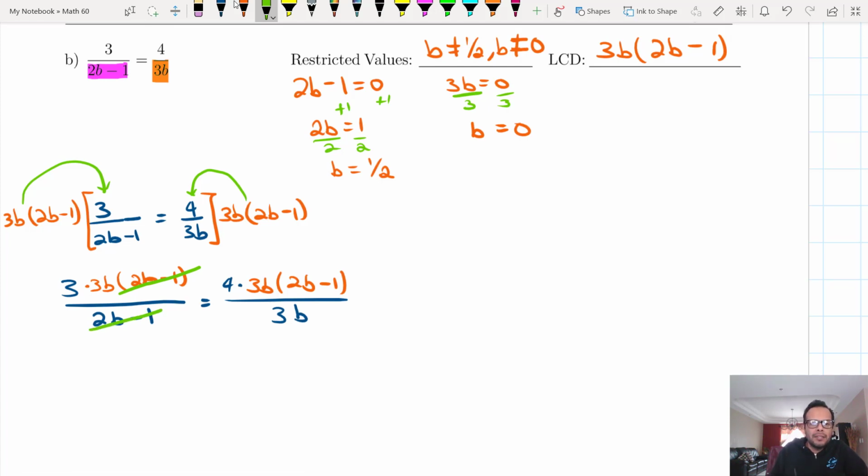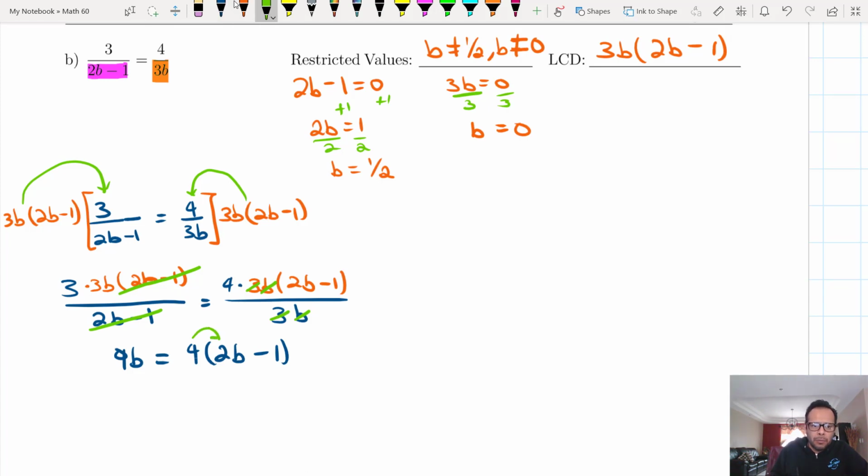And on the other side of the equation, the 3 cancels the 3 and the b cancels the b. That will leave us on the left hand side with the quantity 3 times 3b, which is 9b. And on the right hand side will leave us with the quantity 4 times 2b minus 1.